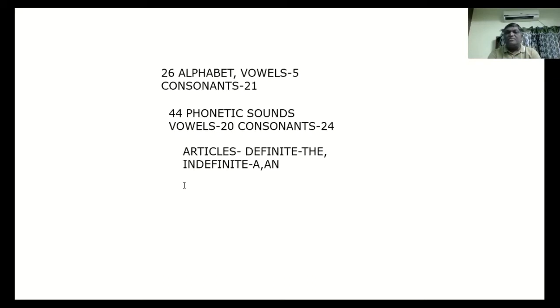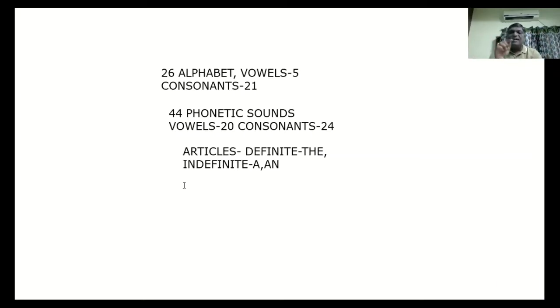Now let us come to definite article. Definite article, the and the. We have two words here. Actually, it is only one, but it is pronounced as thee when you have a vowel sound, and thuh when you have a consonant sound.